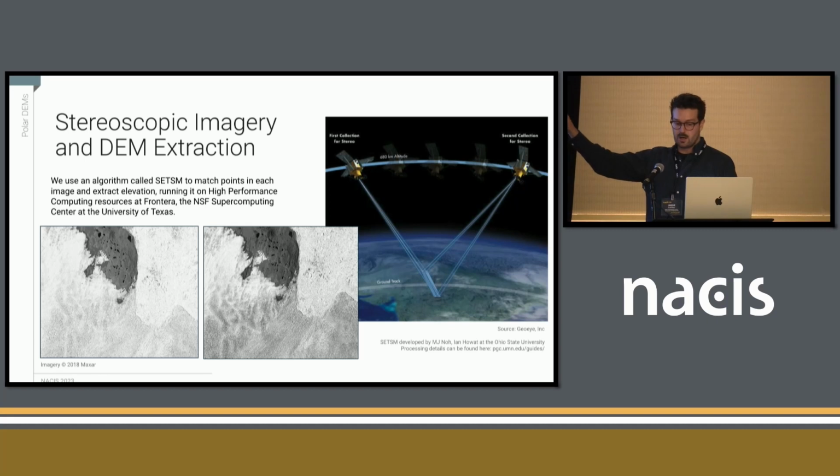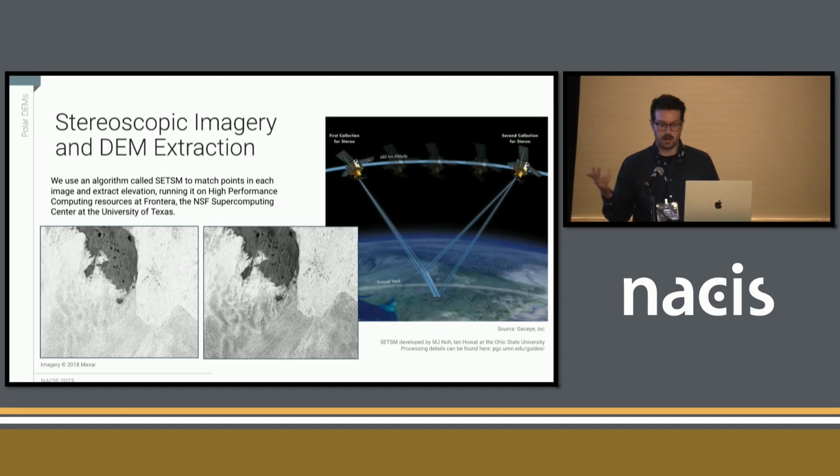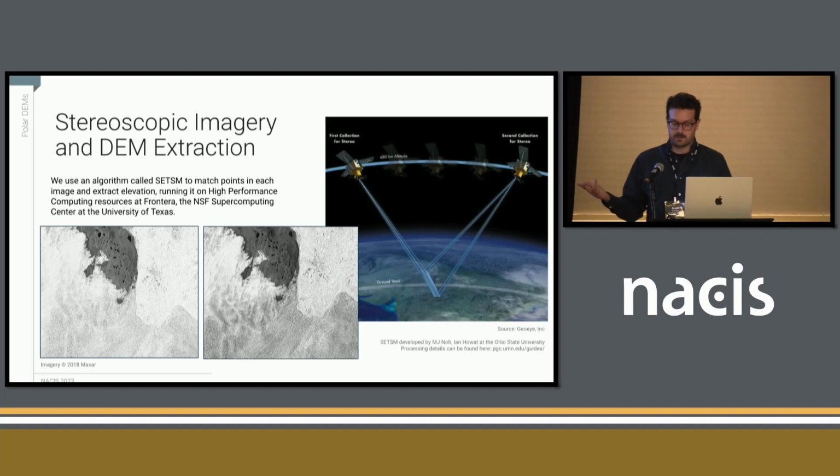Then as it continues on its path, it points the sensor back over the same area and collects it from a different angle. These 2 images are a stereo pair, and they don't look too different to us, but using the same laws of geometry that allow us to perceive depth with our slightly offset eyes, we can extract a 3D elevation surface from this pair of images.